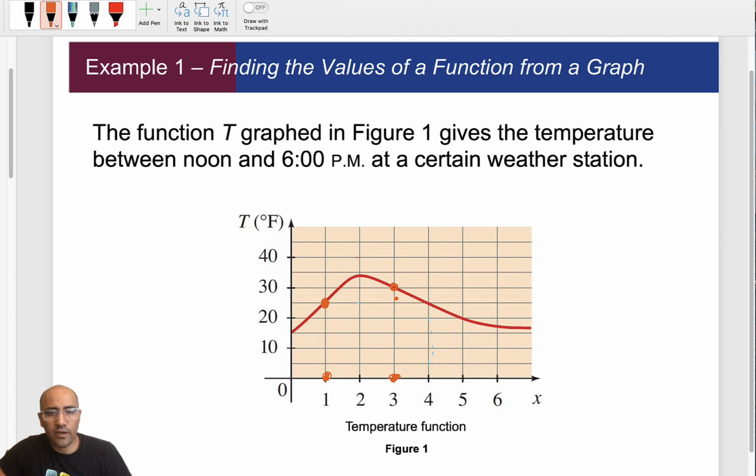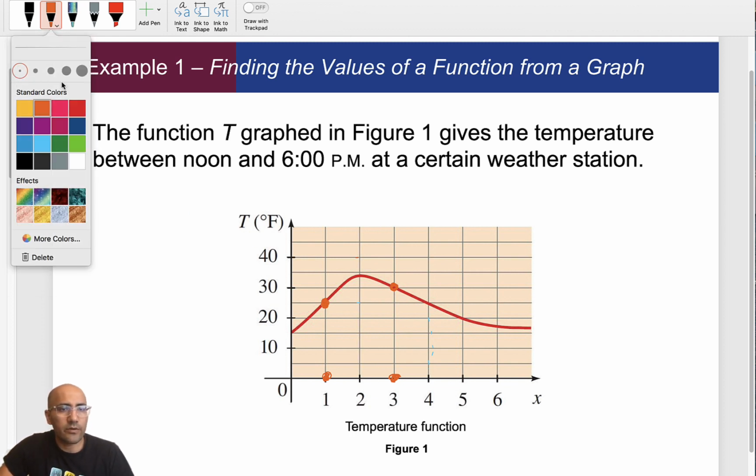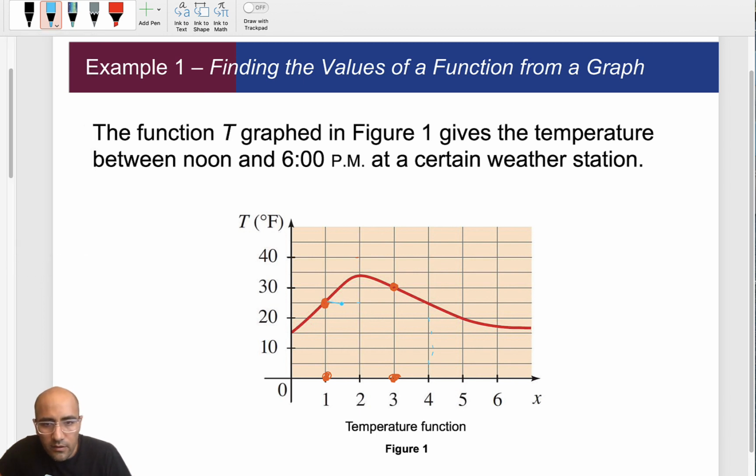If we think of this little triangle that can be formed underneath this curvature, and maybe orange isn't the best color, we can see that this represents the change in the output temperature, whereas this represents the change in the time. So the distance from here to here is the change in x, but the net change in temperature is described by this, which is the T of 1 value, and then this one, which is the T of 3 value, which looks like it's about there.